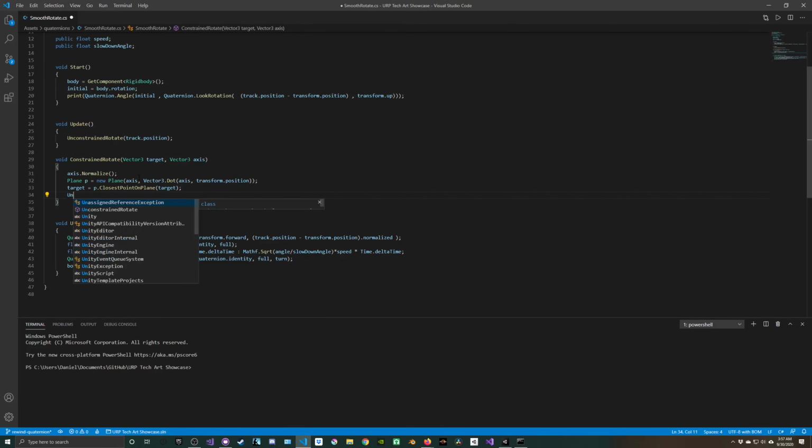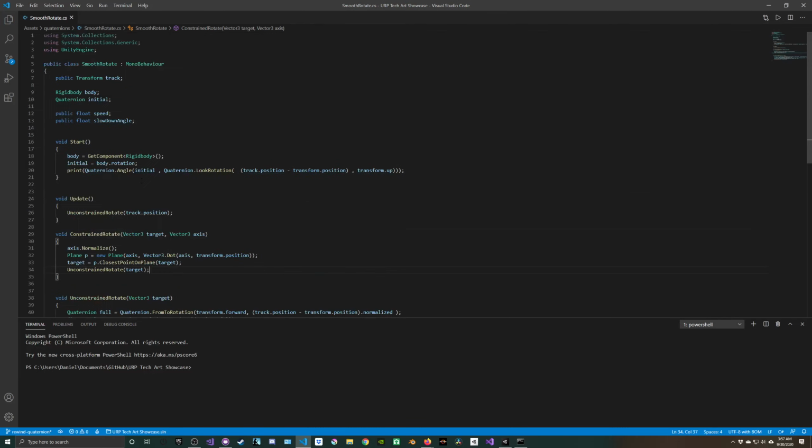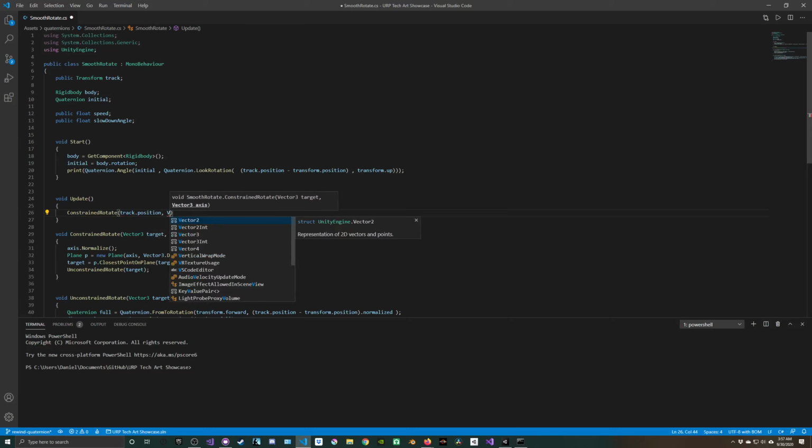And from here, we just pass this to Unconstrained Rotate with our new target. Oh, right. Yeah, that's fine. And now we'll do Constrained Rotate, and our target is just track.position, and our axis is, let's say, Vector3.up.